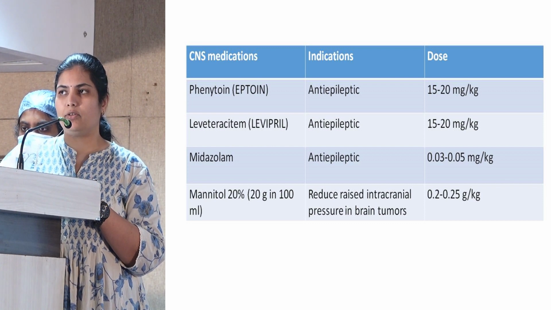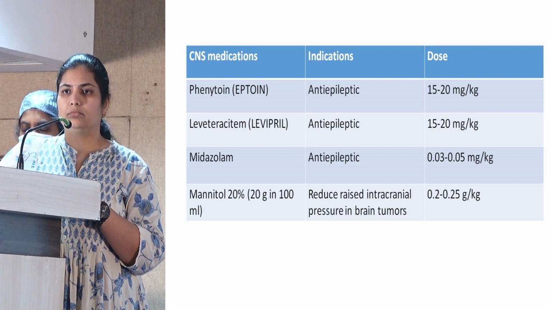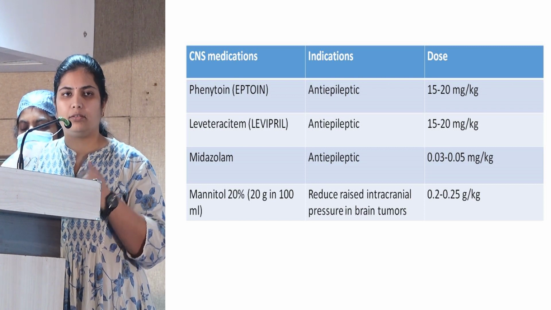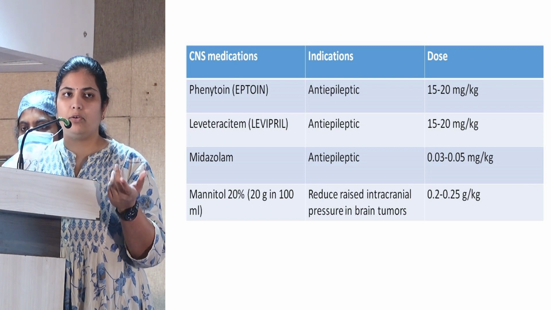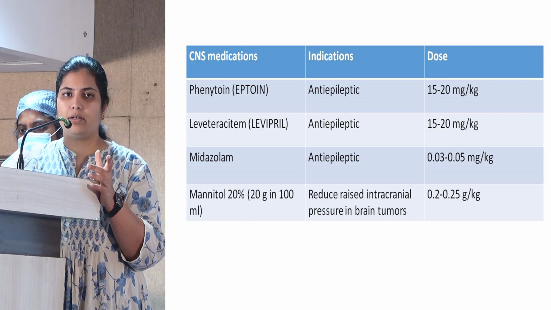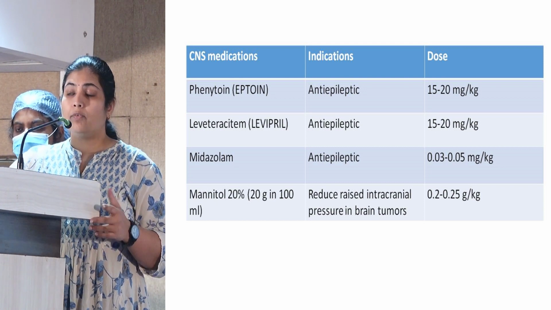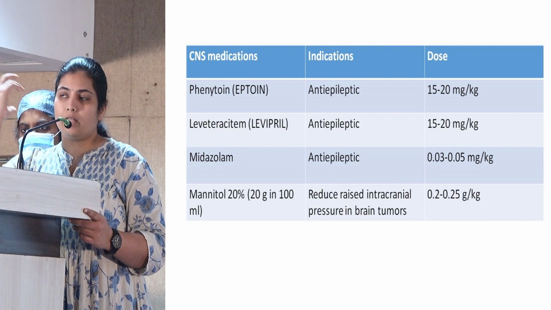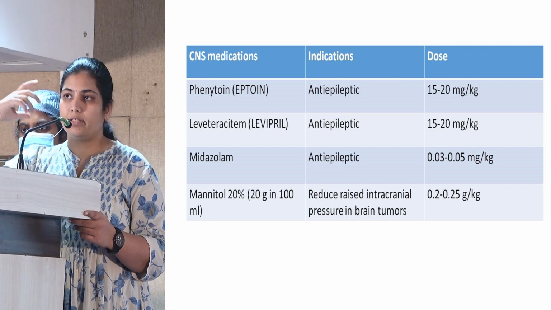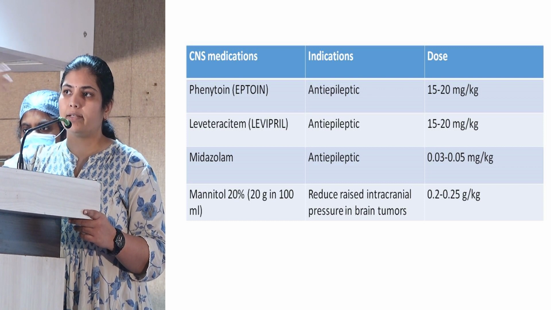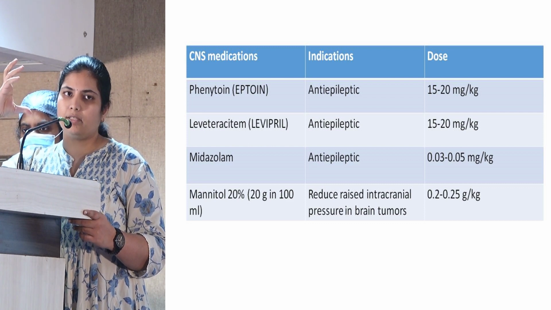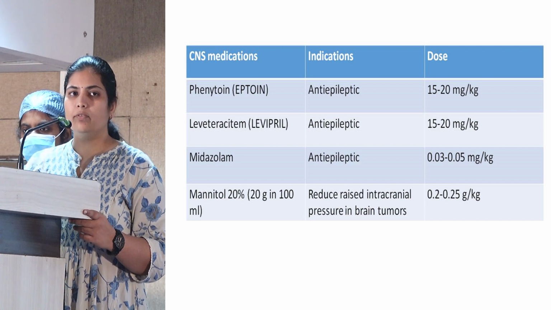When do we have to give mannitol? 50 to 100 ml of mannitol we can give slowly when a patient has a tumor in the brain, or when there is a trauma and the patient suddenly has seizures or becomes drowsy, unresponsive. Then to reduce the intracranial pressure, we have to give mannitol.